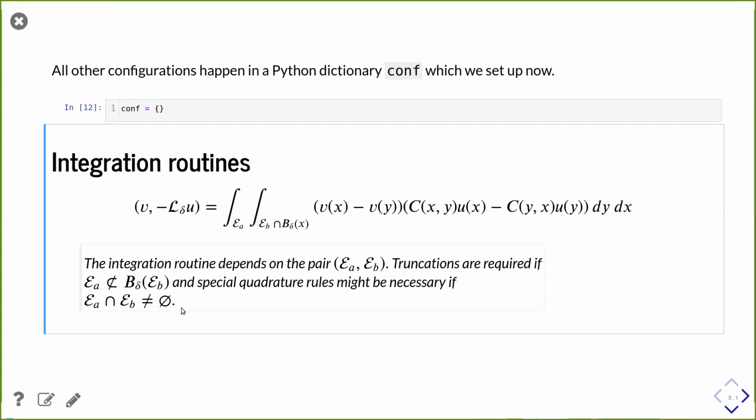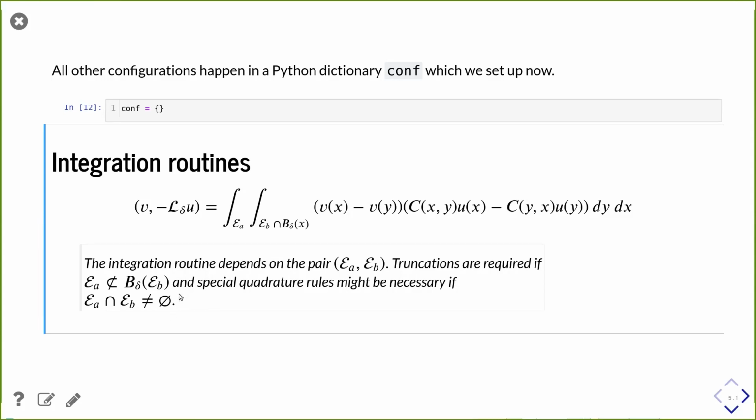If you have a singular kernel, a very singular kernel, like the fractional type kernel, then that doesn't work, okay? So in that case, you wouldn't see an error, but the code would overestimate the interaction set B delta. It would take all the neighboring elements also into the interaction set without taking account of the truncation.